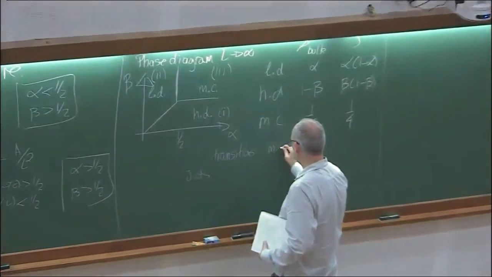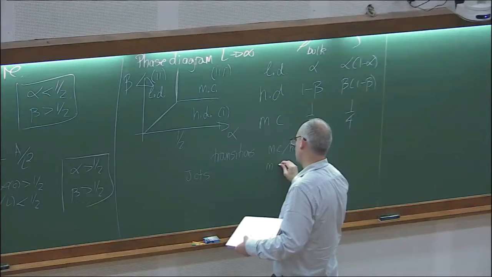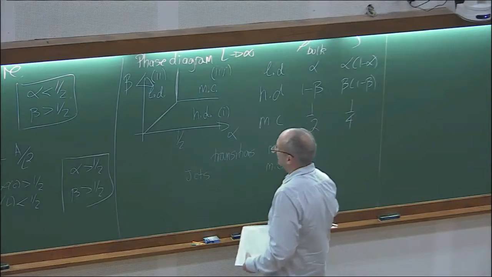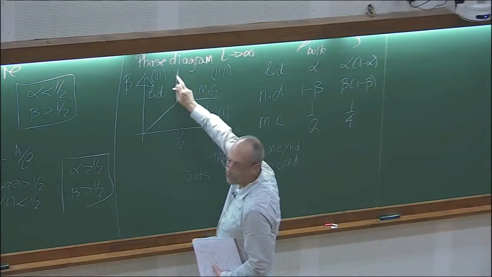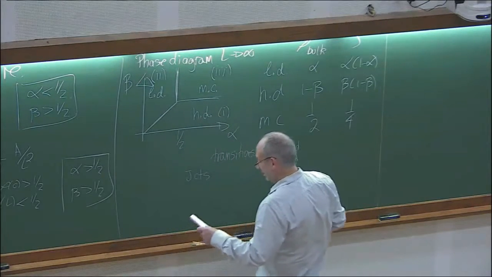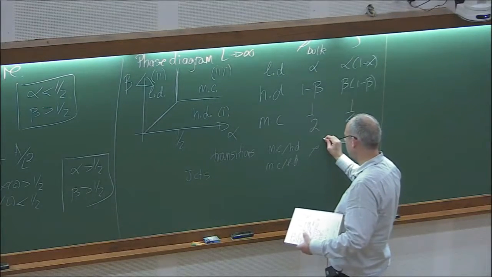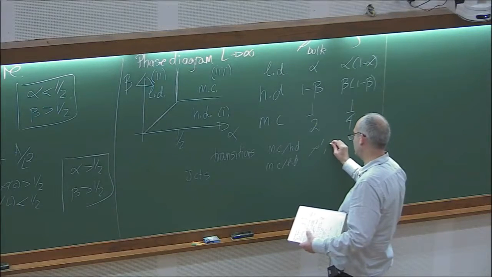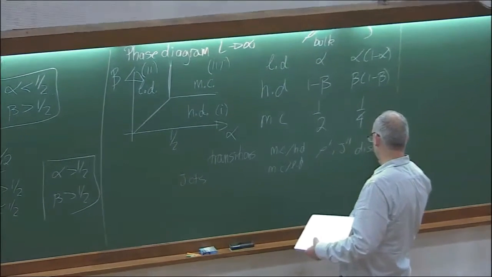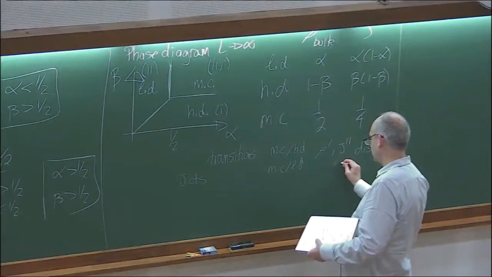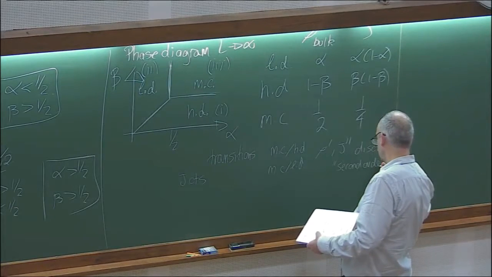So at the maximal current to high density transition, or maximal current to low density as well, so these two transition lines, the derivative of rho and also the second derivative of rho is discontinuous. So we can think of this as a second order transition.